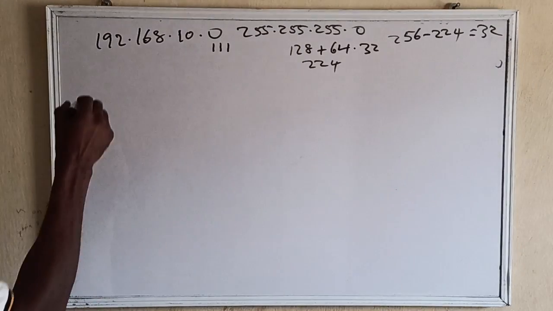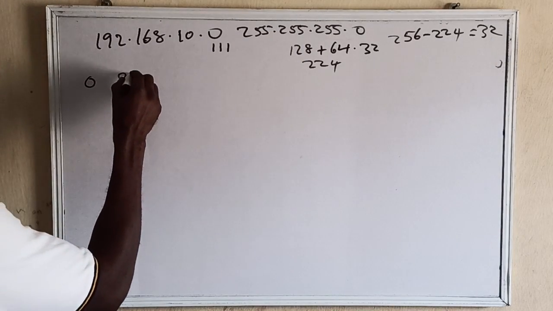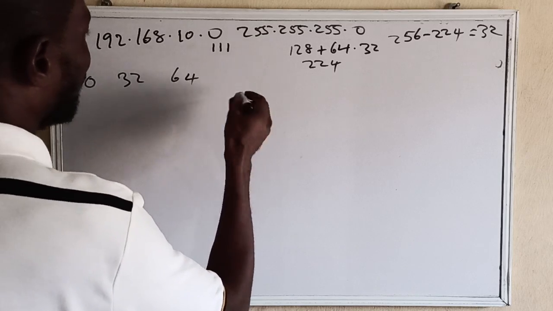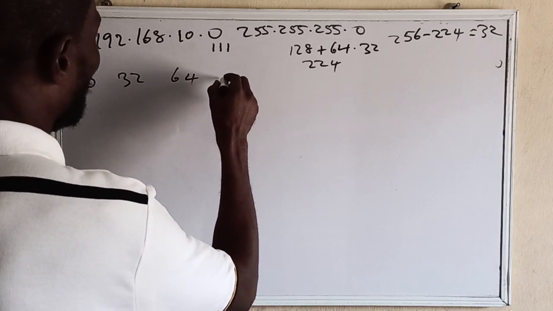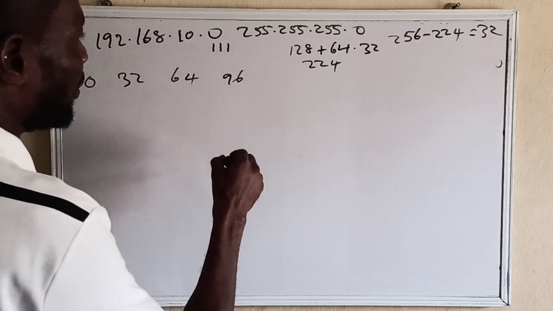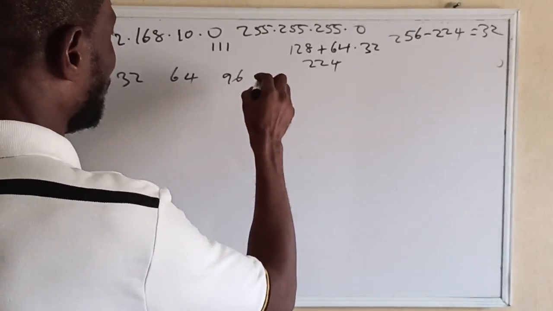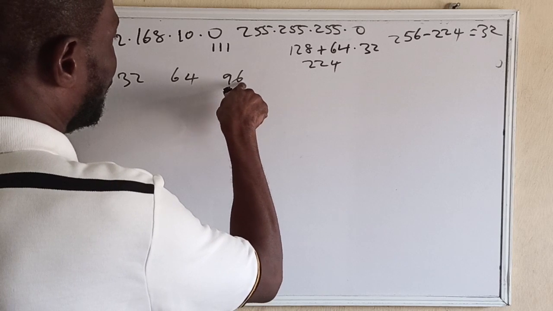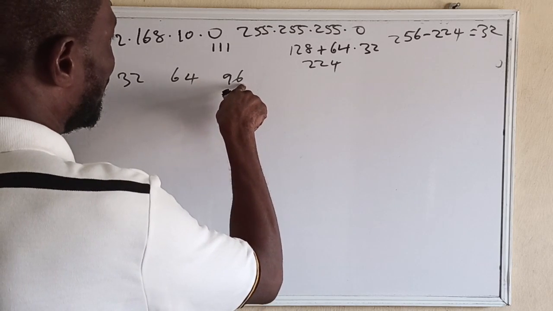So we start with our block sizes: 32, 32 plus 32 is 64, 64 plus 32 is 96, 96 plus 32 is 128.